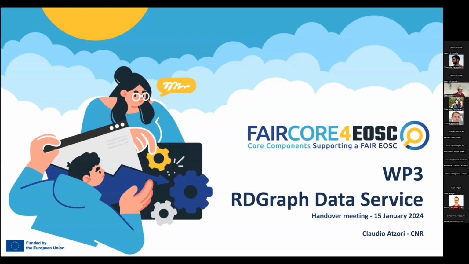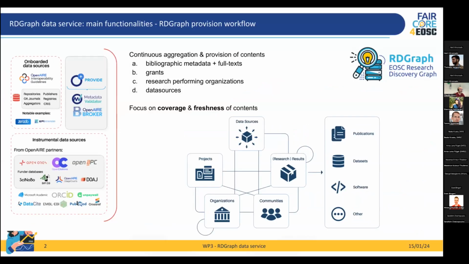So I'm going to illustrate how things work under the hood in order to guarantee mostly that the scientific contents that are part of the RDGraph are enough in terms of coverage to be relevant for the communities that we have in the project, and that they are constantly updated month by month.